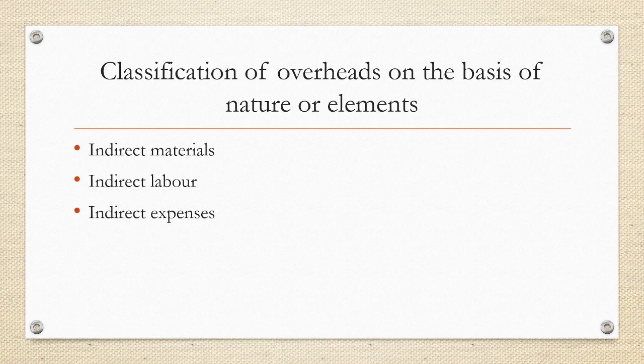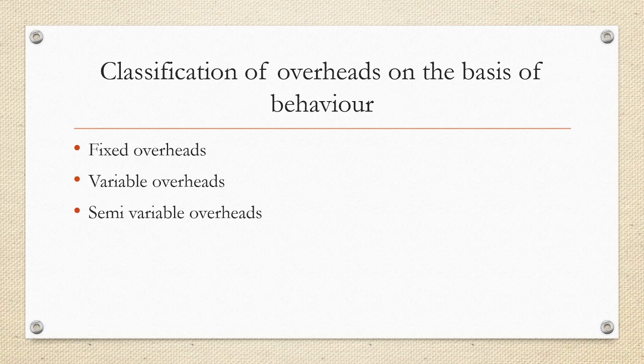Now on the basis of behavior of the cost, we know that we can classify the cost into fixed cost, variable cost and semi-variable cost. Similarly, the overheads can be classified into fixed overheads, variable overheads and semi-variable overheads. So what are these fixed overheads?